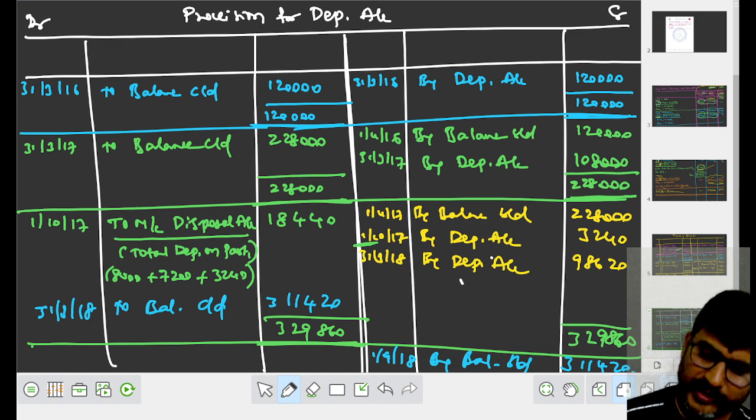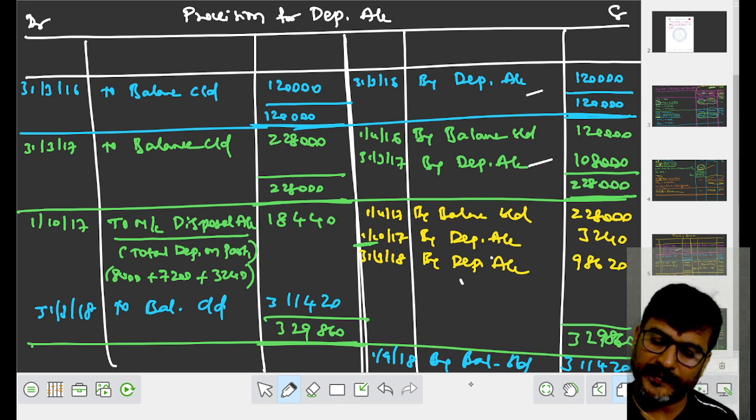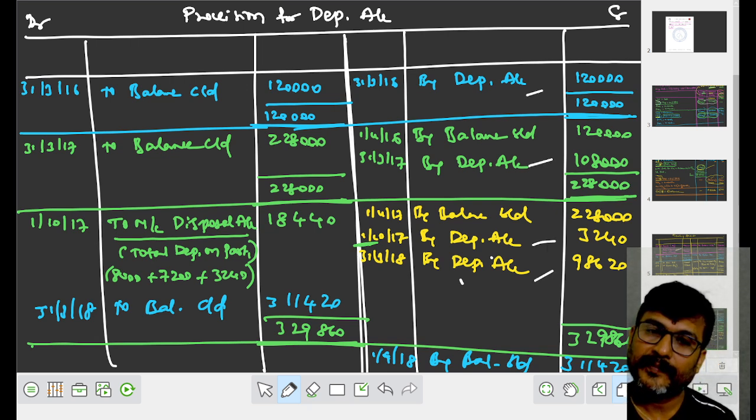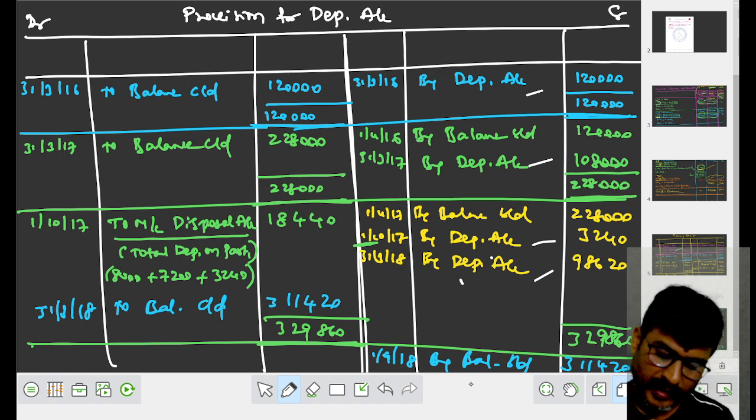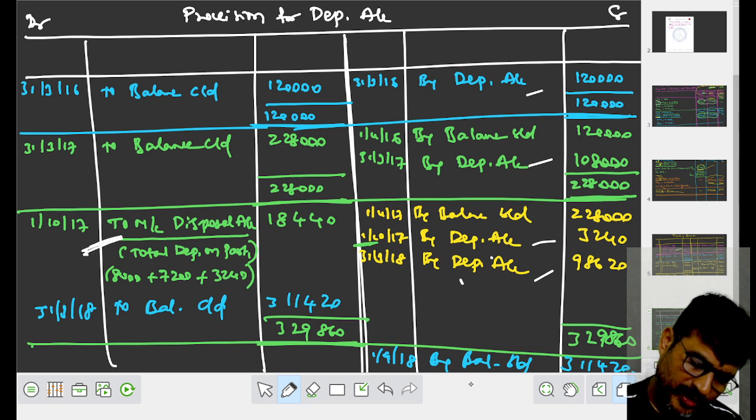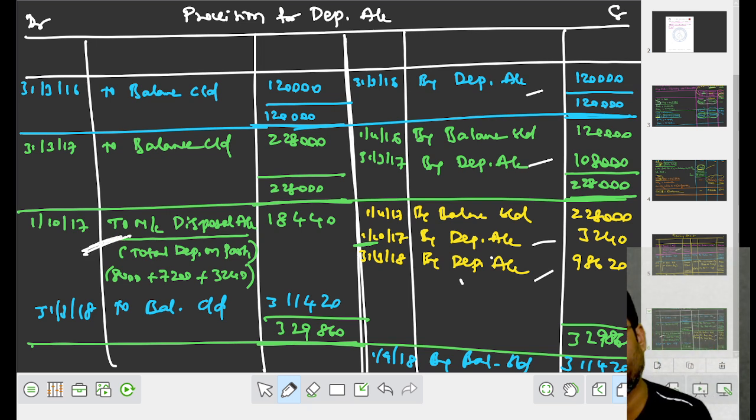Did you understand? What we have to do is charge the depreciation every year, just carried on and brought down. Once the machinery is disposed, we have to take the total depreciation to machinery disposal on the debit side.